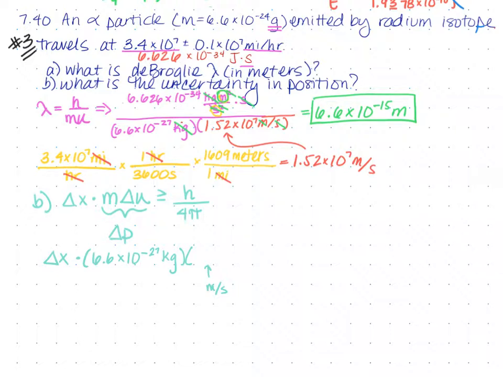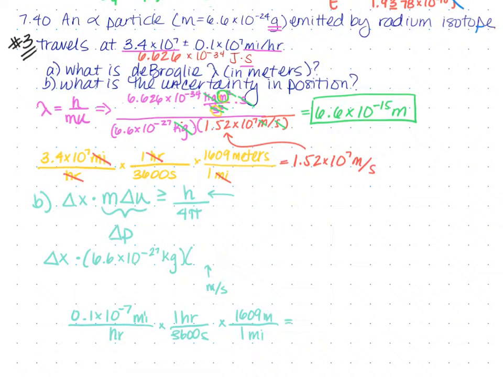because over here, remember Planck's constant is joules times second, and there's a meter and a second in Planck's constant, so I need to take my uncertainty, which is 0.1 times 10 to the 7th miles per hour. I'm going to convert: 1 hour, 3,600 seconds, 1609 meters per 1 mile.